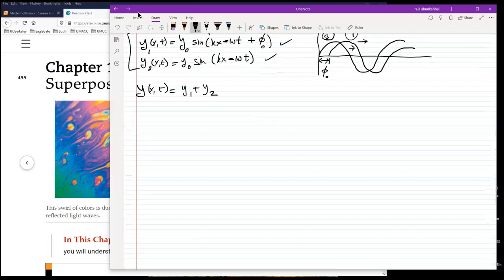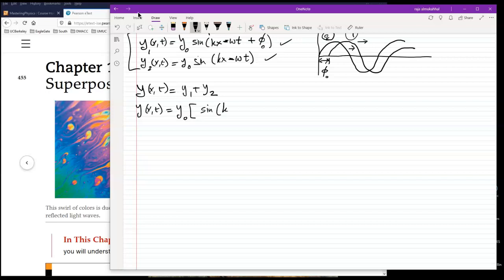When I do that, it's going to look something like that. So I have y of x,t equals y naught sine kx minus omega t plus phi naught plus sine kx minus omega t. Now I need to do some algebra to get them to combine together.